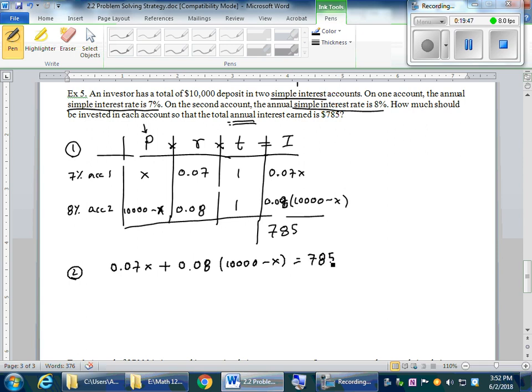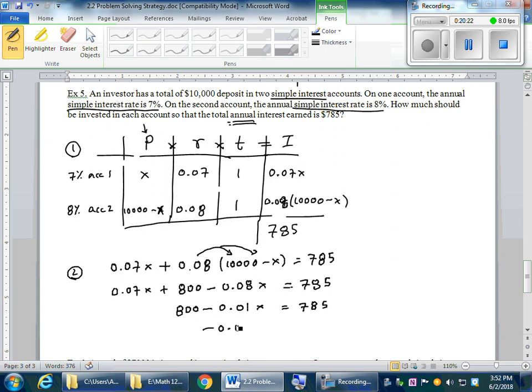So solving this, first distributing 0.08 into both of the terms, that will give me 800 minus 0.08x equal to 785. Simplifying further on the left hand side, 0.07x minus 0.08x will give me negative 0.01x, plus 800, equal to 785.